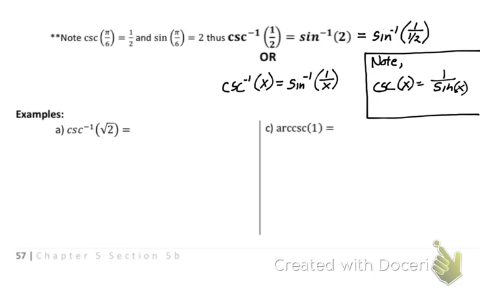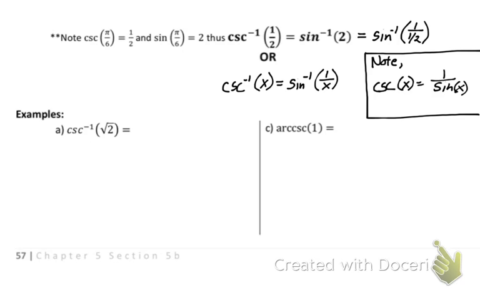Do not forget that this is true. Cosecant of an angle equals 1 over sine of that angle. Cosecant inverse of a number is going to equal sine inverse of 1 over that number. Keep that straight. So ask yourself, am I doing an inverse or am I just doing the cosecant function? Because it makes a big difference. So always think of that either time, and don't forget about one or the other.